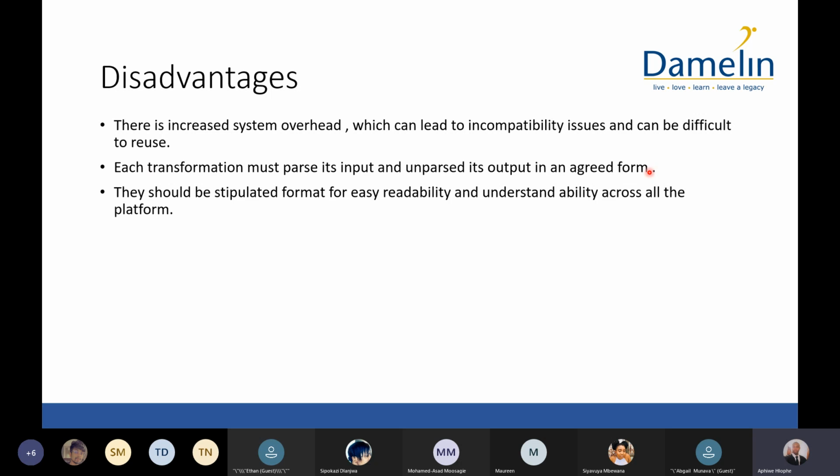So in a sense, your components have to be speaking the same language. They need to be understanding each other. So that's the other disadvantage. There should be a stipulated format for easy readability and understandability across all the platforms. Okay, so it requires some level of standardization between these components.